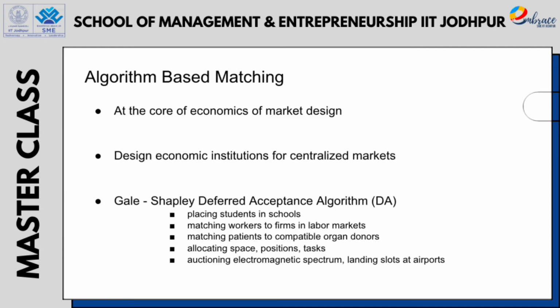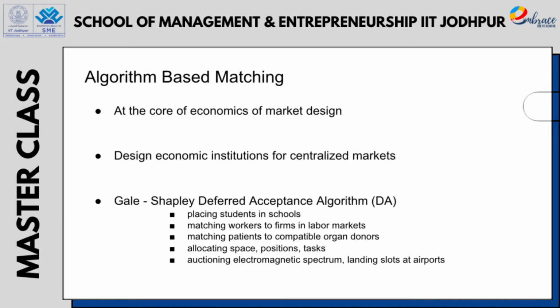When you have a group of men and a group of women interacting with each other, is there a way to allocate the matches that can stabilize the marriages? That's the genesis of matching markets and matching algorithms, which eventually led to the entire field of market design, or what we call mechanism design.